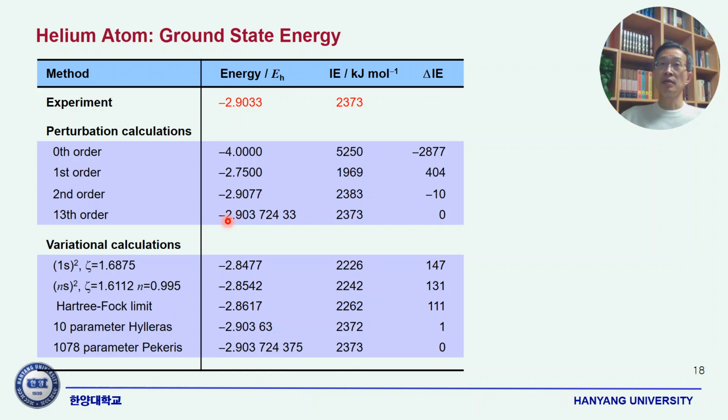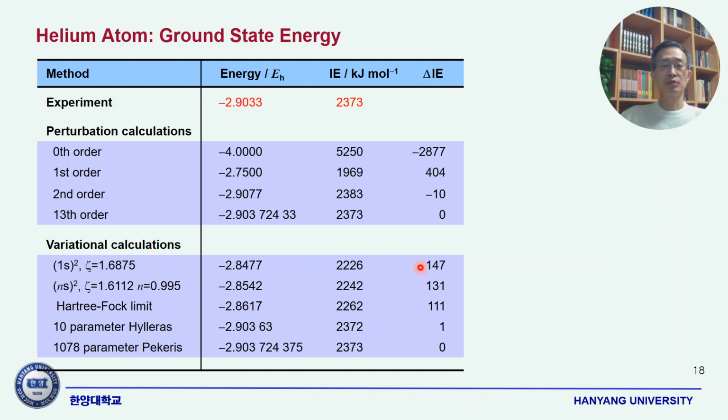That's why we had the so-called exact energy, minus 2.9037, when we talked about correlation energy.